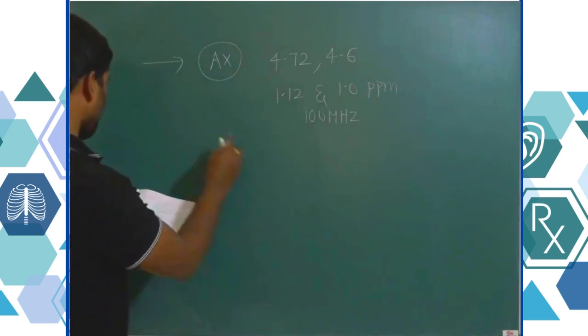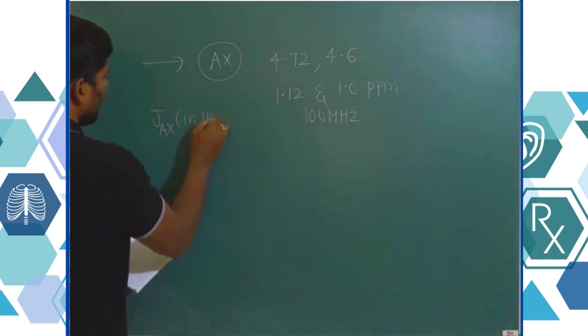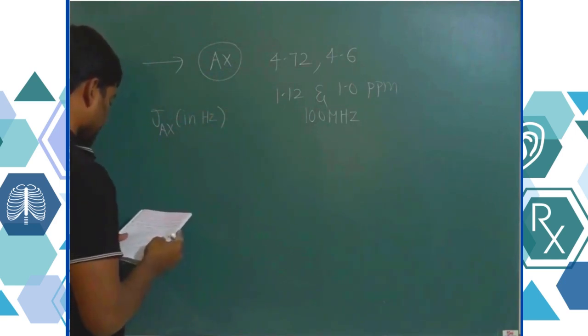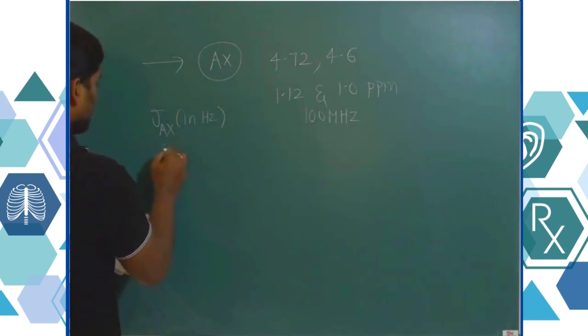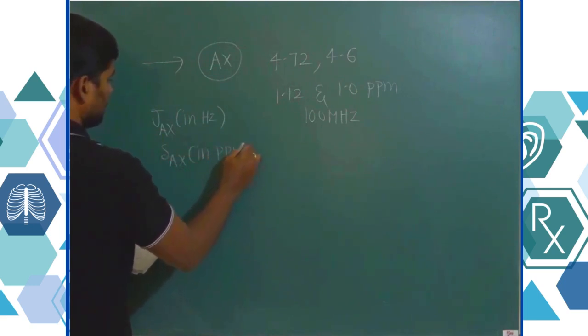What are the values of JAX in Hertz and delta AX in ppm respectively?